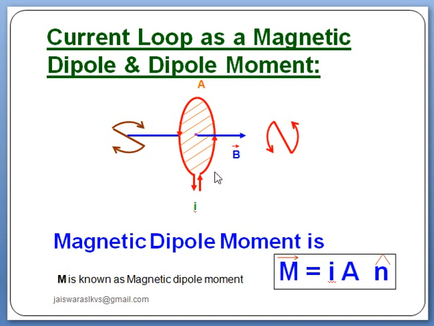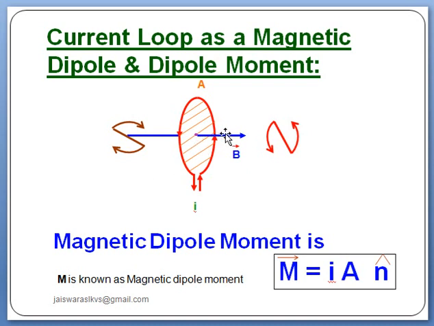So if north and south pole of a bar magnet is defined, then we can easily draw its magnetic field line, and we know that magnetic field line always originated from north pole and terminated to south pole. So that is why we are able to draw the magnetic field line.